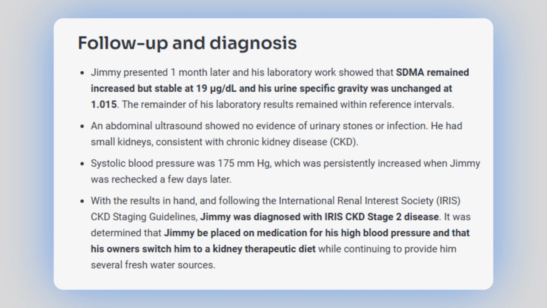So, with the results in hand, the doctor followed what's called the International Renal Interest Society, IRIS, CKD, which is chronic kidney disease staging guidelines. Basically, if you do the SDMA, there's then an algorithm, which we'll talk about in lab.